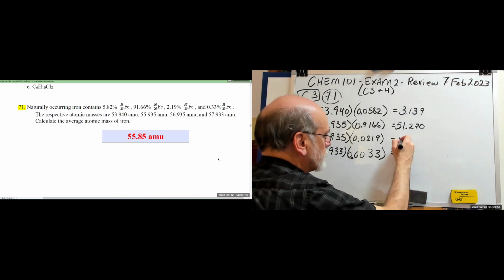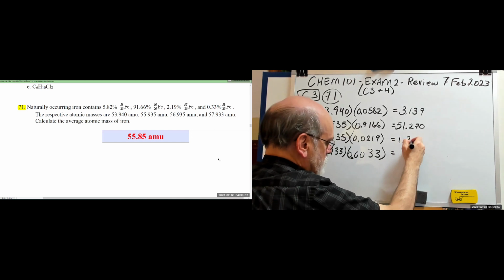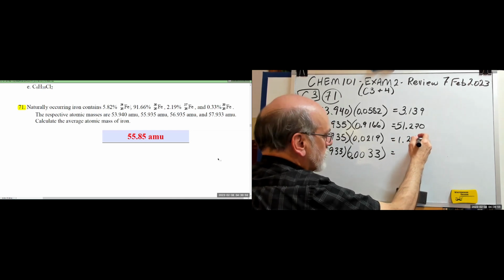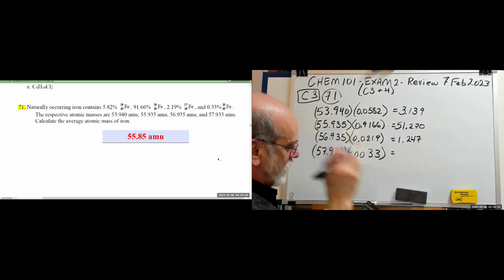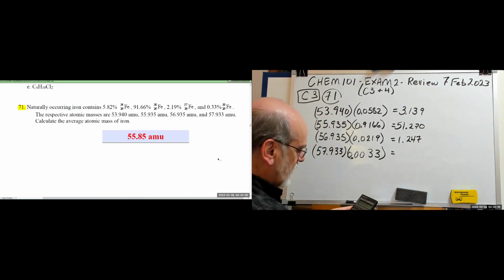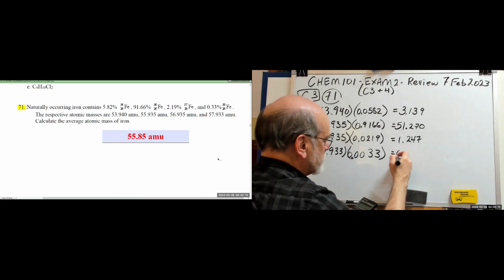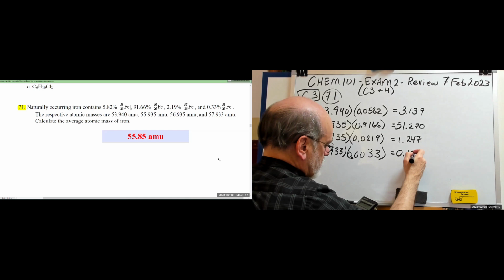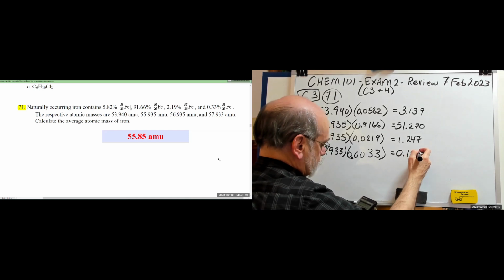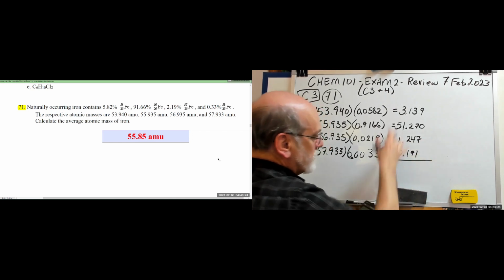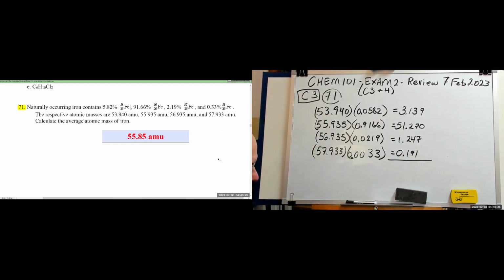Its contribution is 1.247, rounded off. And the last one has a very minor contribution, 0.0033. This is 0.19191. So we just add those together.